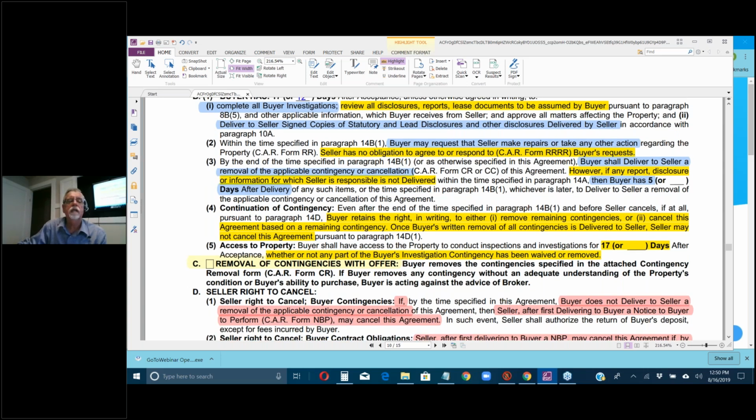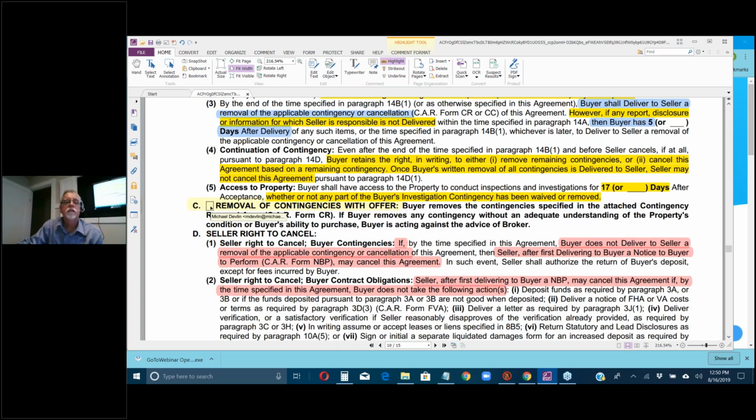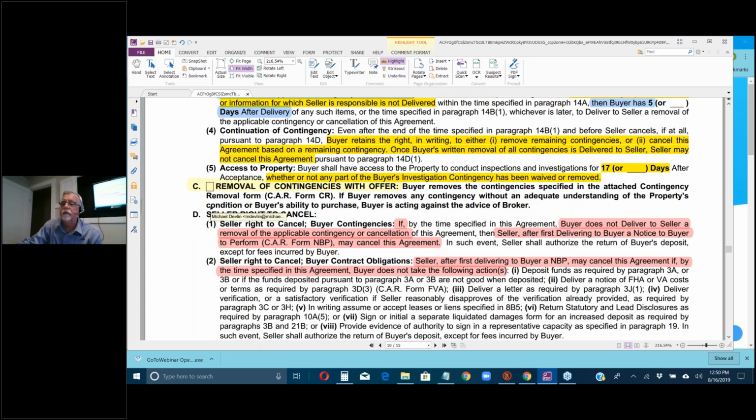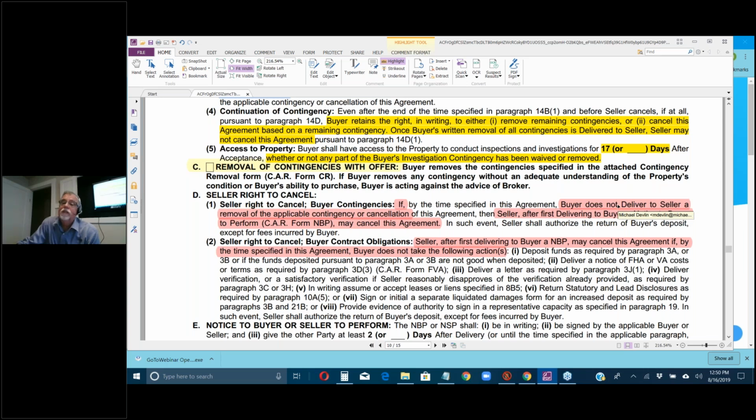Removal of contingencies. I'm going to do a class on contingencies where we're going to talk about that. Seller can cancel if a buyer does not remove the contingency within the time period. Seller, after delivering to buyer a notice to perform, can cancel this agreement.